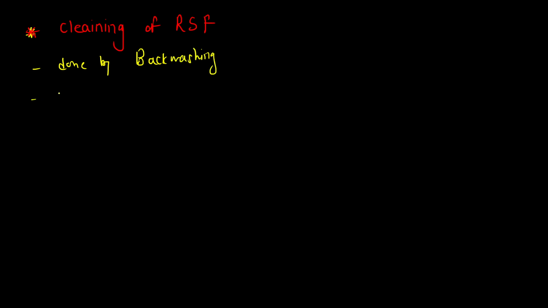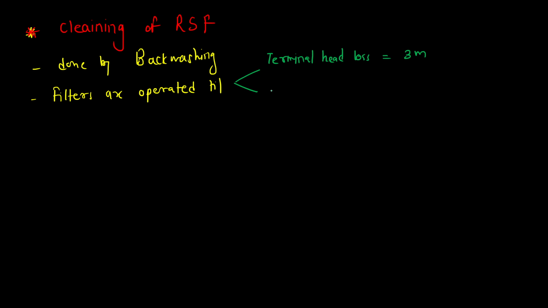Okay, so filters are operated till one of these two conditions is met. The first condition is terminal head loss equal to 3 meter, or turbidity equal to 2.5 NTU.